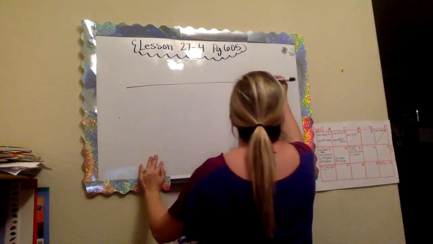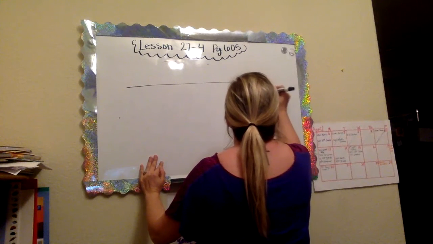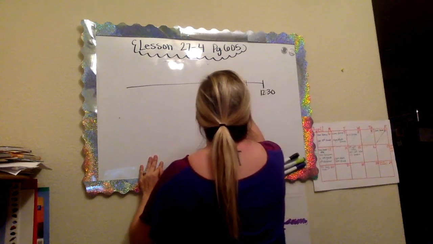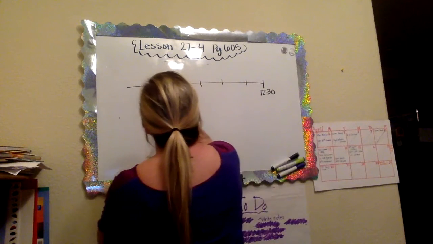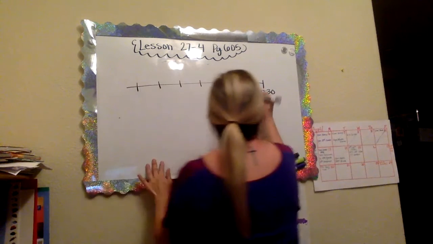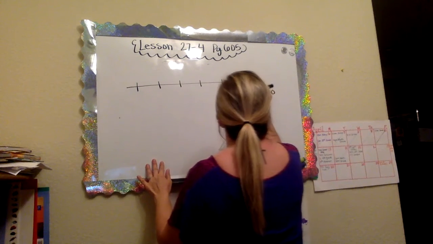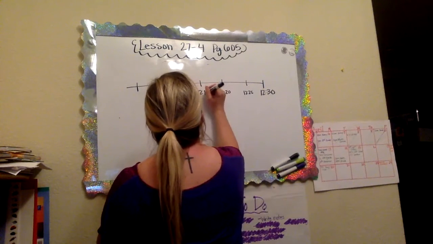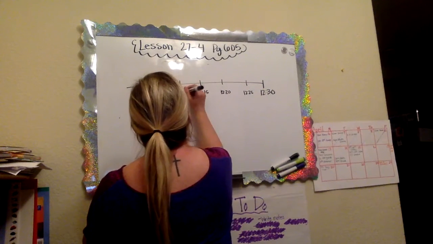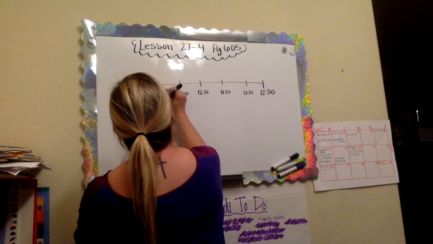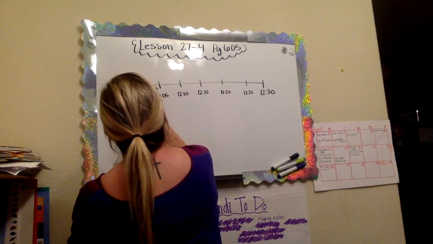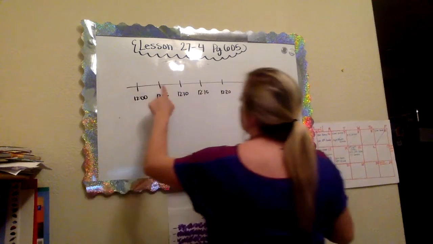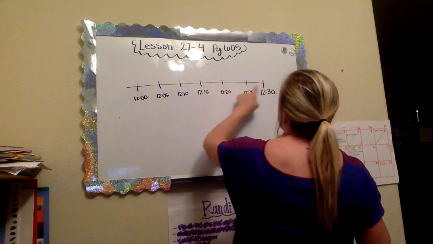So on the number line, you're going to start at 12:30, 5, 10, 15, 20, 25, 30. So then this would be 12:25, 12:20, 12:15, 12:10, 12:05, 12 o'clock. 1, 2, 3, 4, 5, 6.